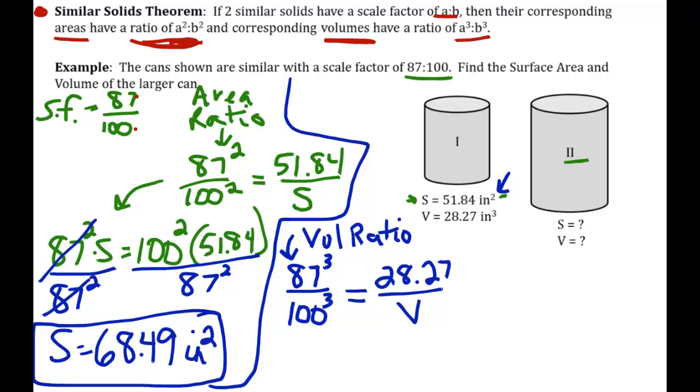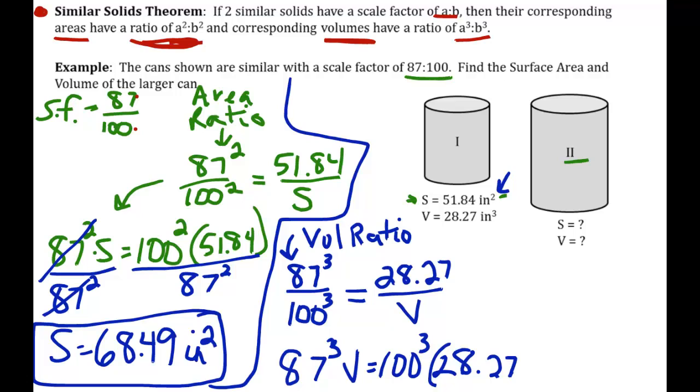Cross multiply: 87 cubed times V equals 100 cubed times 28.27.